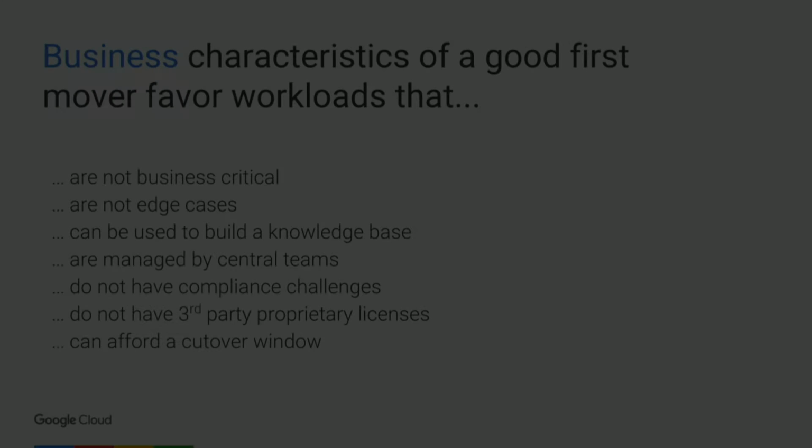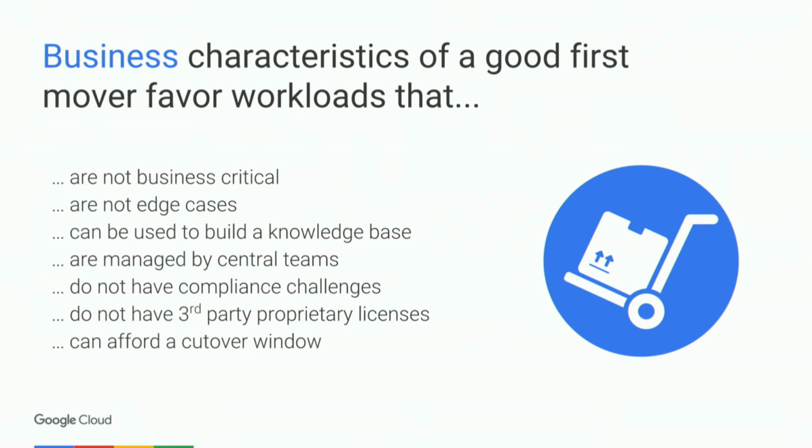So the characteristics of, say, a good mover is something that is not going to bring the business down if it doesn't work. On the other hand, it can't be so far out of the relevancy of the business that it's not going to be important if it does move. So you want things that are still a working application, a business application, something that matters. It's not a POC. It's not just a throwaway application.